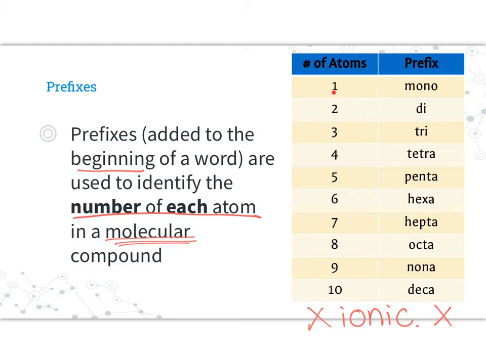If there's one atom total of an element, the prefix is mono, 2 is di, 3 is tri, 4 is tetra, 5 is penta, 6 hexa, 7 hepta, 8 octa, 9 nona, and 10 is deca. Again, the rest of the element follows behind these prefixes.